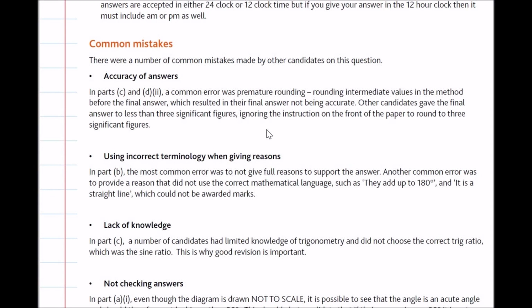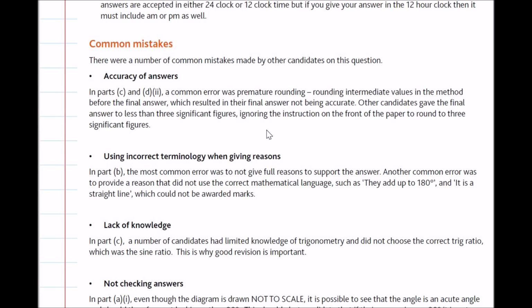Other candidates gave the final answer to less than 3 significant figures, ignoring the instruction on the front of the paper to round to 3 significant figures. So because of accuracy of answers, students lose marks. These are the common mistakes made by most of the students.